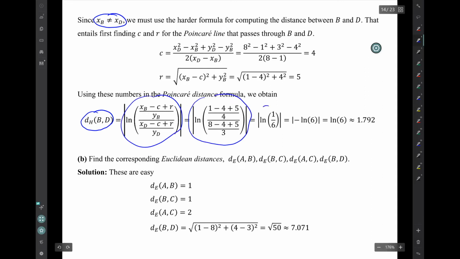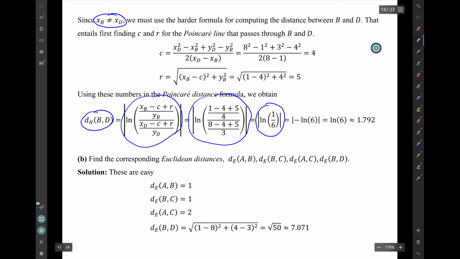That simplifies to absolute value of log of 1/6. Now remember, rule of logarithms, that ln of 1 over a number is equal to the negative of the logarithm of that number. So ln of 1/6 is the same as the negative of ln of 6.